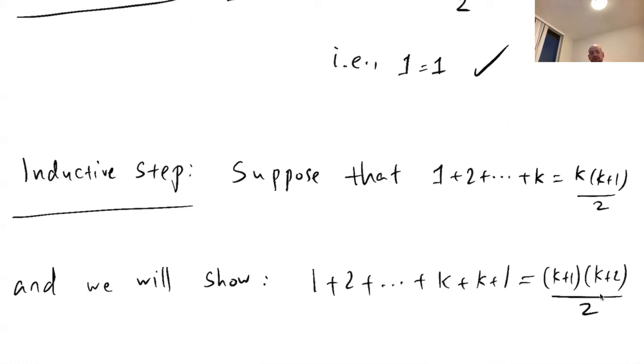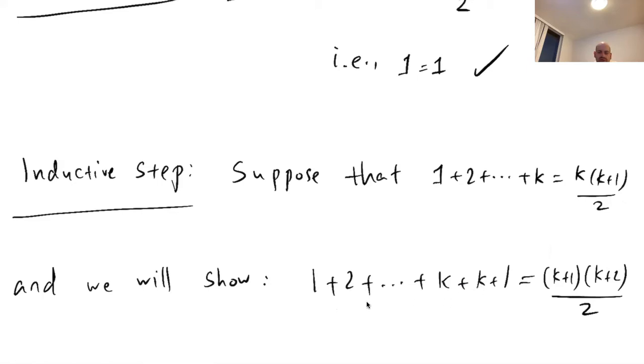So how can I connect? You know that in mathematics, whenever you have an assumption and a conclusion, your job is to try to connect the assumption with the conclusion. Here, the connection is obvious. Looking at the left-hand side of what we want to show, it says 1 plus all the way to k and then plus k plus 1.